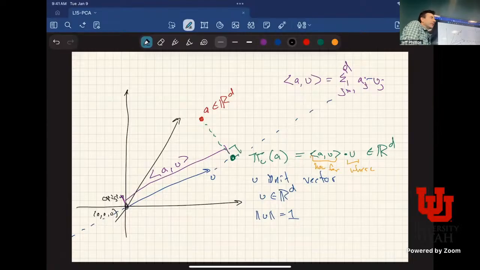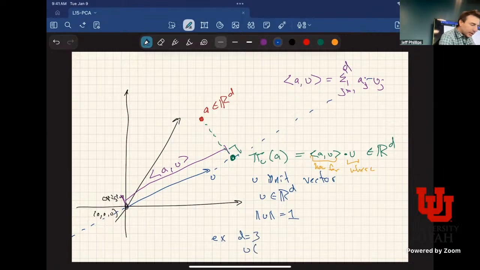Does what live in d minus 1? U is a d-dimensional vector. So for instance, an example where d equals 3, U could be equal to, let's see, 0.6 for the x coordinate, 0.2 for the y coordinate, and then the z coordinate would be something like 0.5.